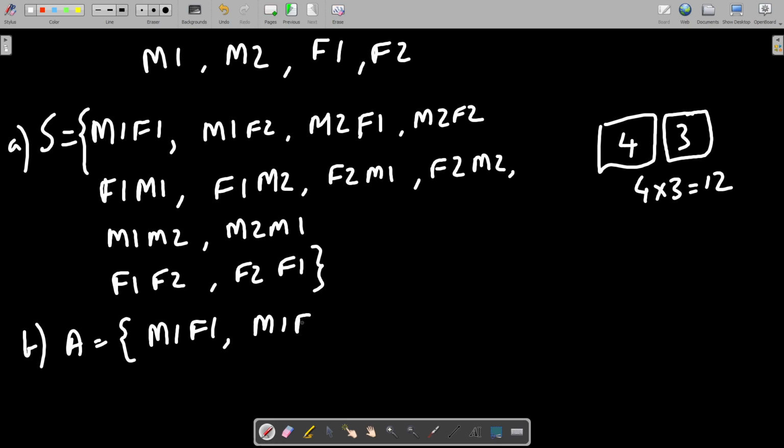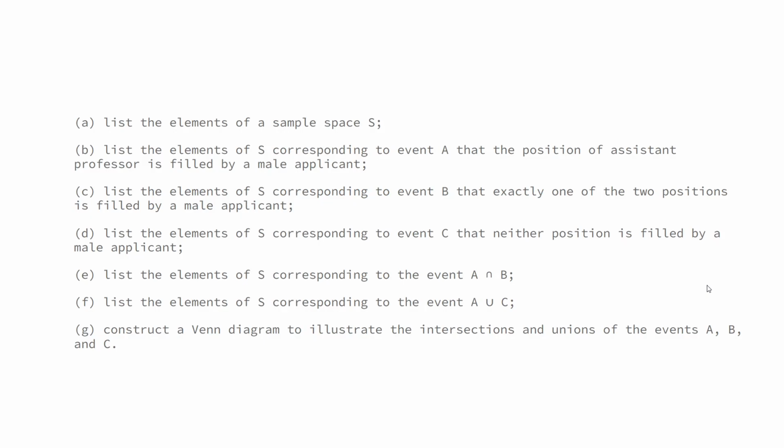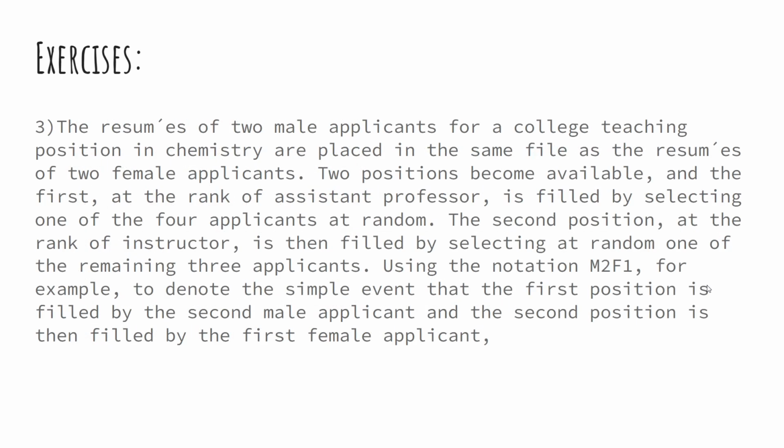M1, F2, 6, no? 6 are there. M2, F1, M2, F2, and M1, M2. Second one is the instructor, no?